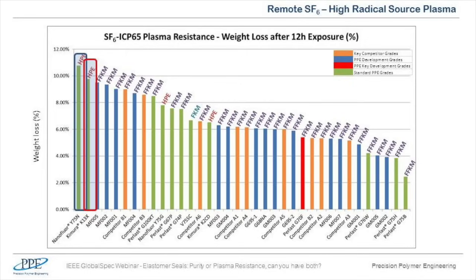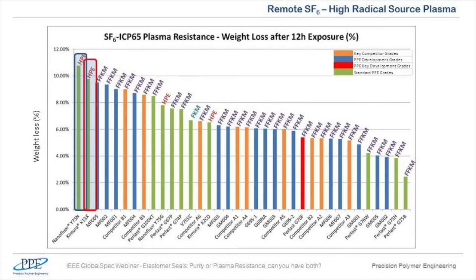This again is about the manner in which the plasma is generated, and specifically the ratio of radicals created versus ions created. Whilst this is a different chemistry, the change in plasma source is a key factor, and understanding this is very important when it comes to recommending the correct material for us.